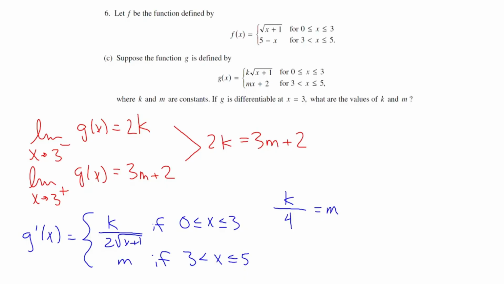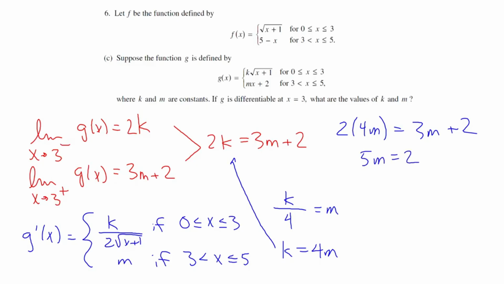So now we just need to make all of this match up, right? This is just a system of equations here. We have k is equal to 4m. So if I plug in 4m here, we have 2 times 4m is equal to 3m plus 2, or 8m equals 3m plus 2, or 5m equals 2.